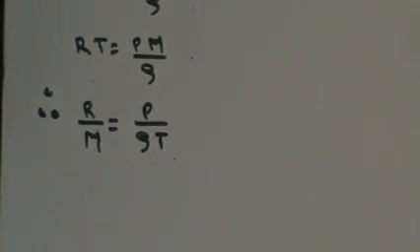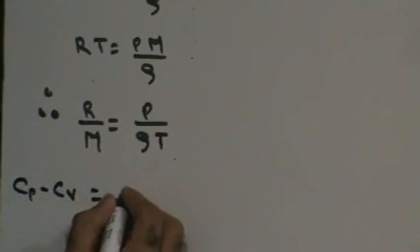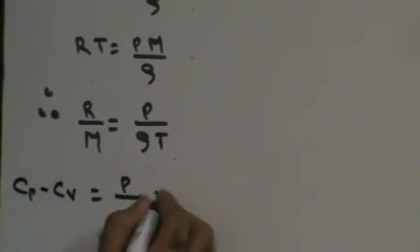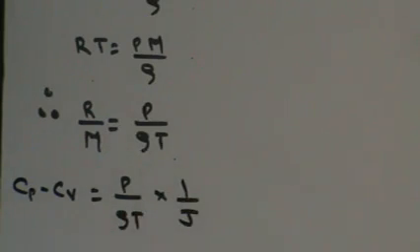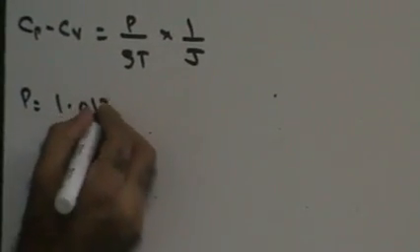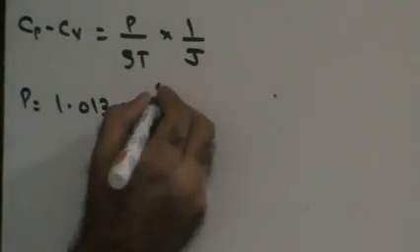Right? So substitute this value in the principal specific heat equation. So I can say Cp minus Cv is, instead of R upon M, P upon rho T into 1 upon J. Since the experiment is done at NTP, therefore pressure will be 1.013 into 10 raised to 5 newtons per meter square.